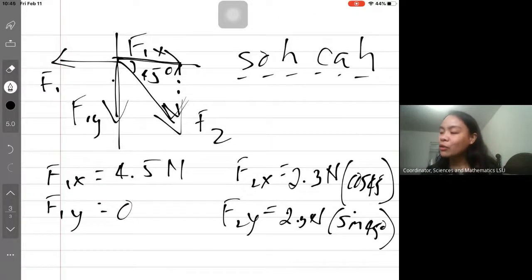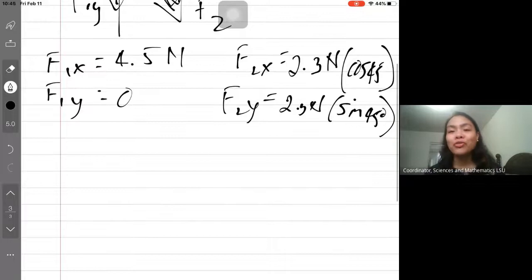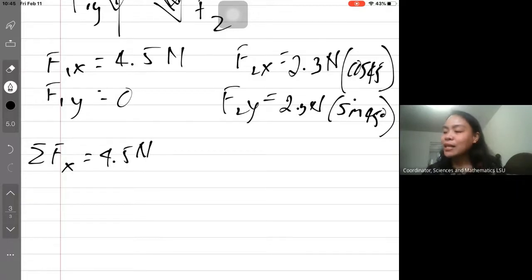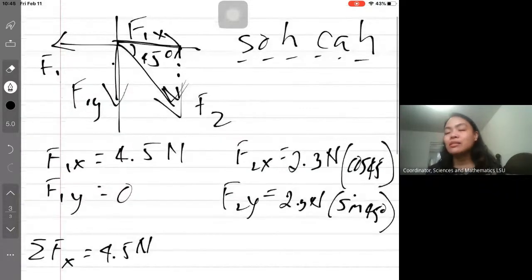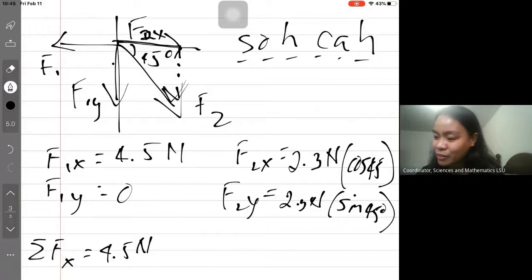So you have now the values for F2x and F2y, and get the summation for that one. For the summation of forces along x, you have 4.5 newtons, and F2x is going to the right. Oh, sorry guys, I made a mistake here. This must be F2x and this must be F2y.